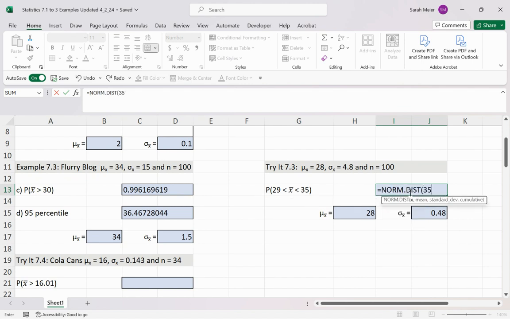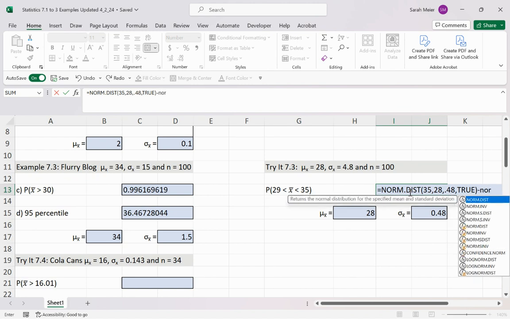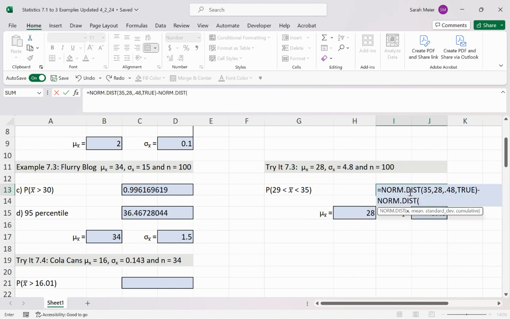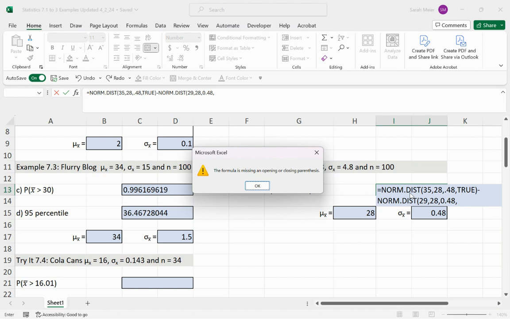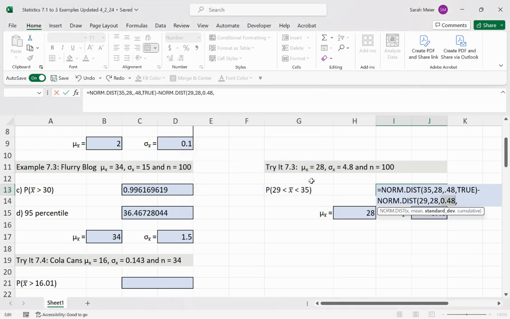We use 35 with a bigger number first, then our mean of 28, our standard deviation of 0.48 and the word true, and then subtract off the normal distribution for the smaller number, 29, with our mean of 28, our standard deviation of 0.48, and the word. I hit enter instead of true.